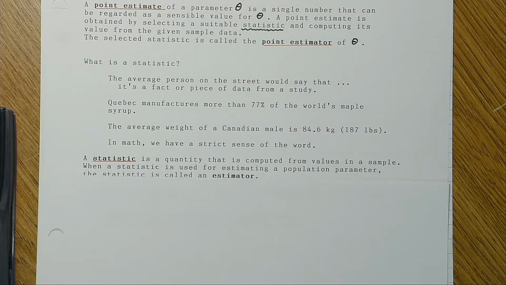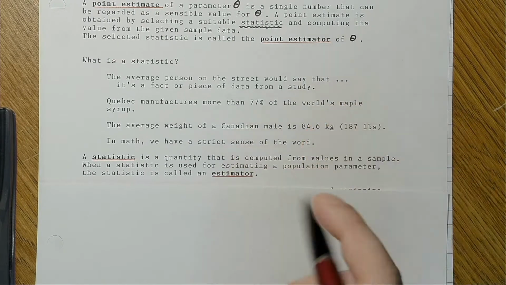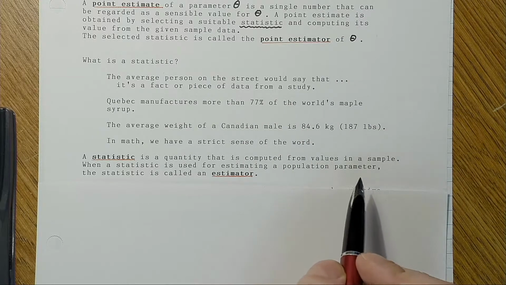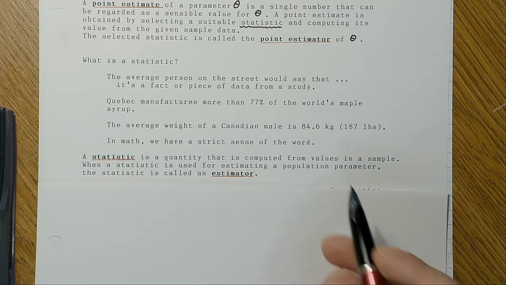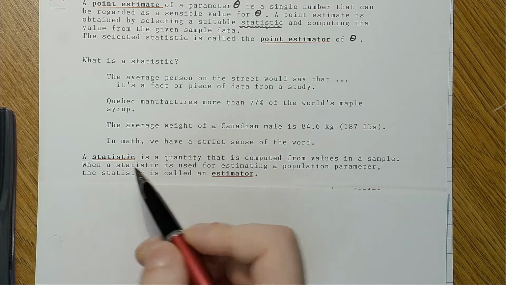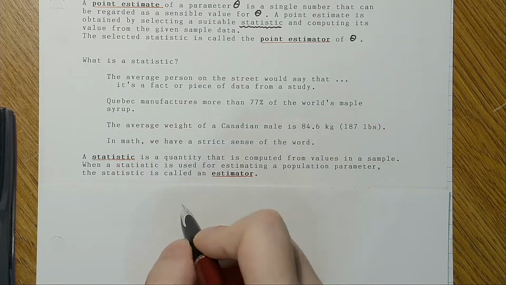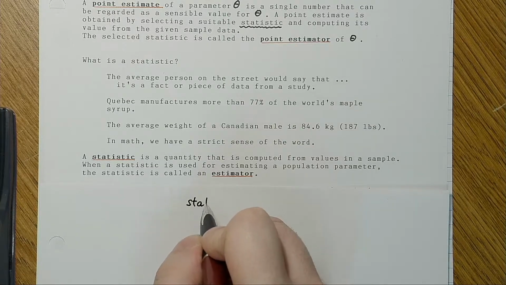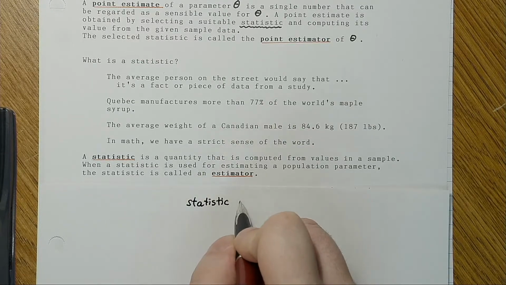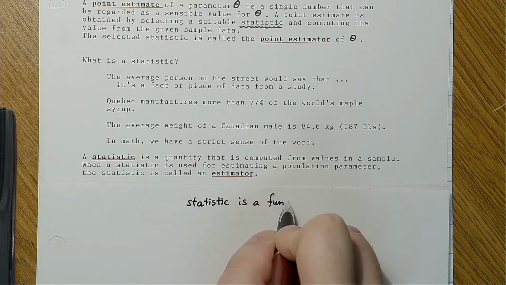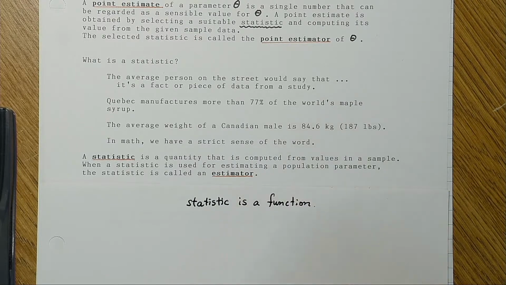And we say that a statistic is a quantity that is computed from values in a sample. So you can think of a statistic as basically a function. You have some data. So it's not a fact. It's not some sort of trivia or data.